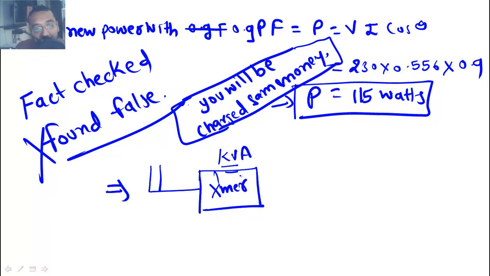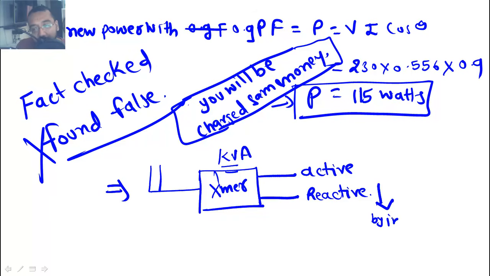The transformer is not only supplying the active power, but also the reactive power to your house loads. So by installing the capacitor, it has to only supply the active power.